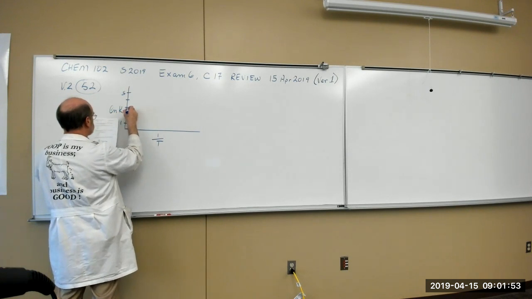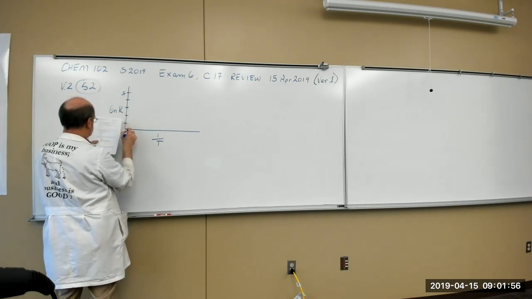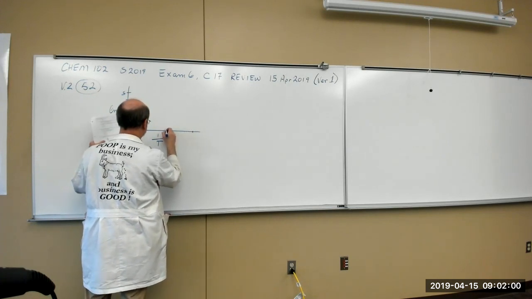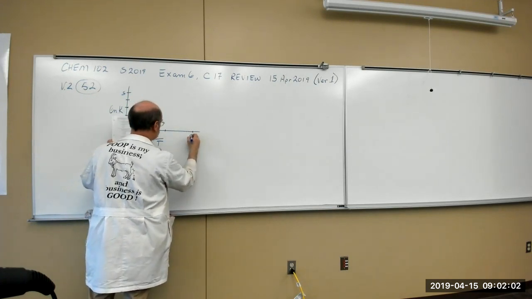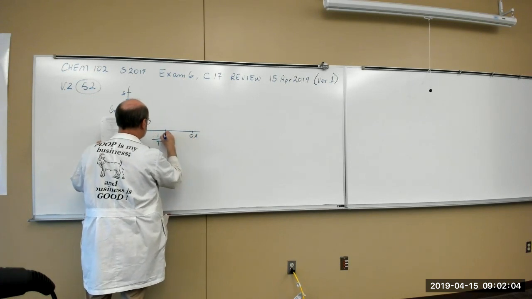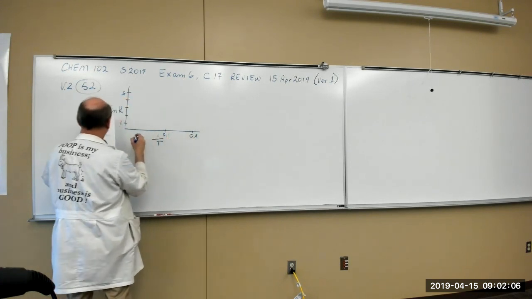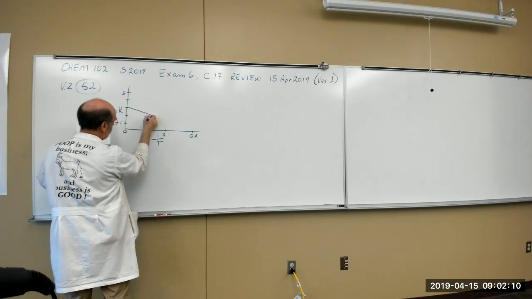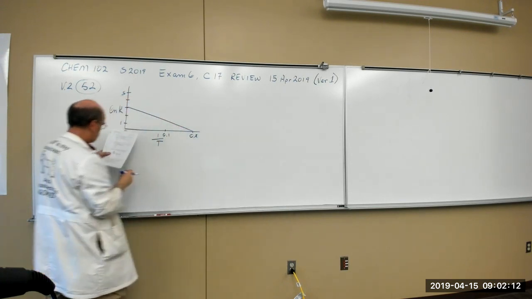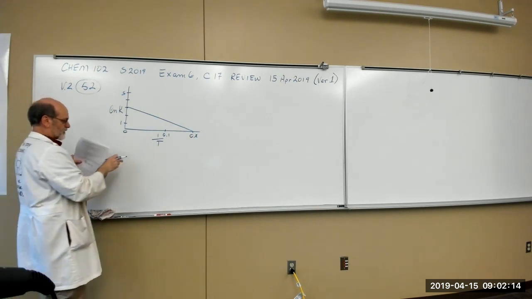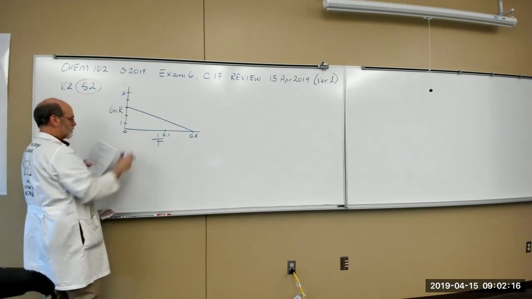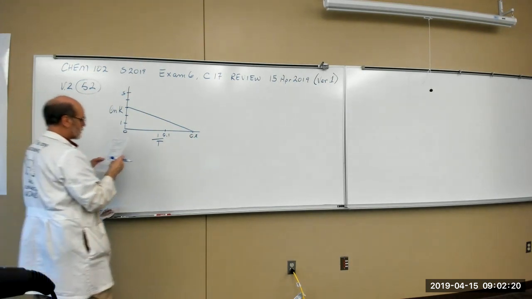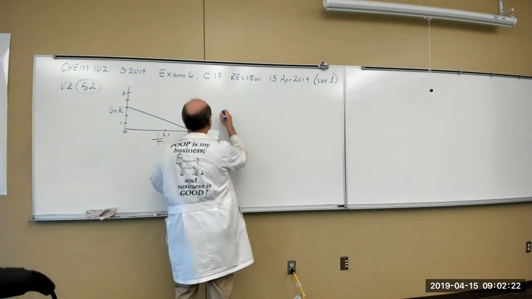So this is 3 there, and then it goes out to 0.2, 0.1. So this goes like that. That's the graph of our 1 over T versus K. So the question is, what's delta S?